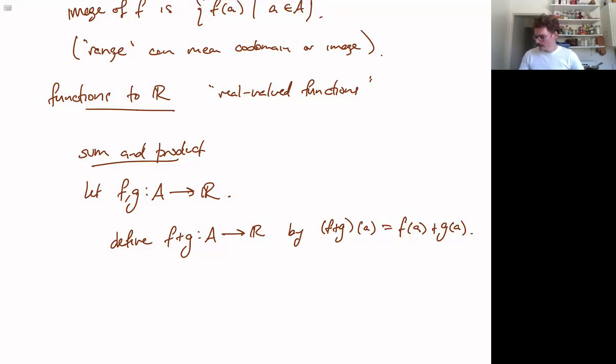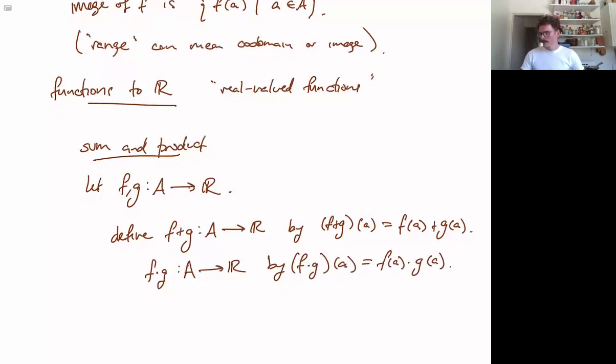And similarly, f times g from A to R by f times g of a is f of a times g of a.